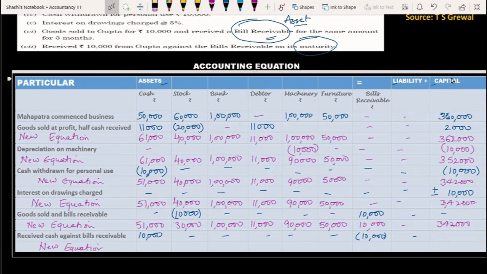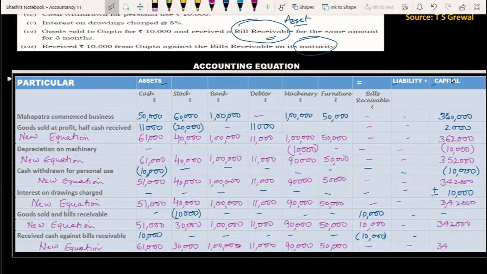So here we have new equation. So this is your final equation where you have 61,000 of cash, 30,000 goods are left, 1 lakh rupee in the bank, and there is a debtor of rupees 11,000, still amount is not yet received. Machinery is worth rupees 90,000, and 50,000 is your furniture amount. There is no balance in bills receivable, even the no liabilities over here.